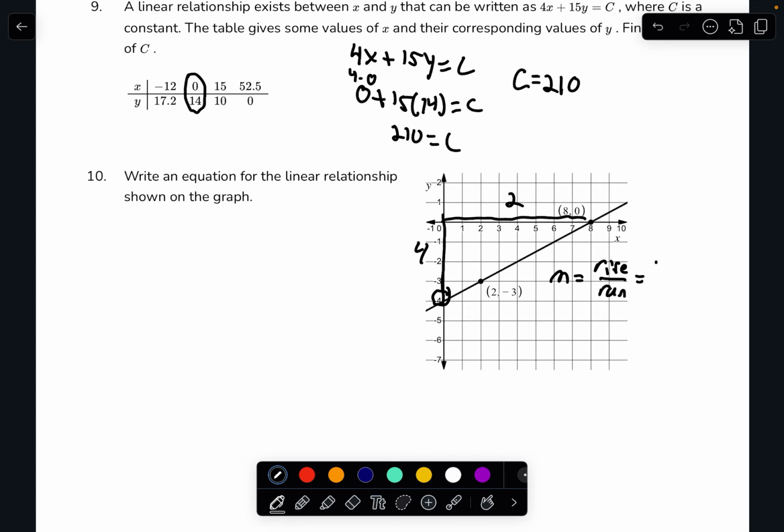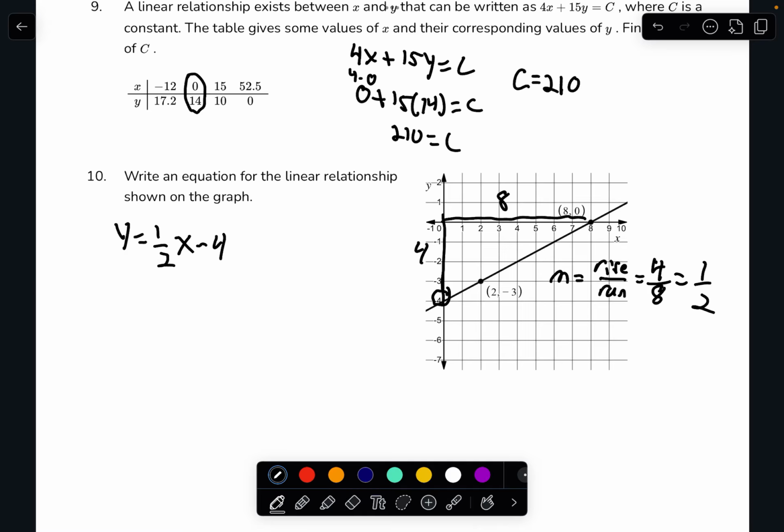It's 4 over 8, which reduces to 1 over 2. We have the y-intercept of negative 4, so we can write y equals 1/2 x minus 4.